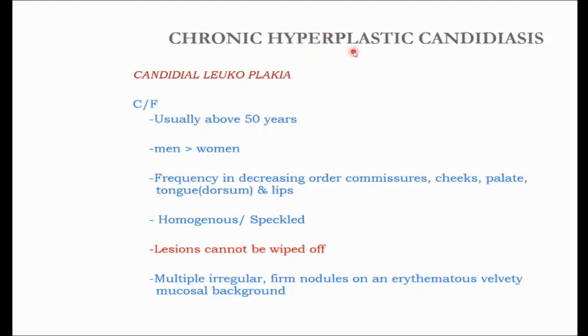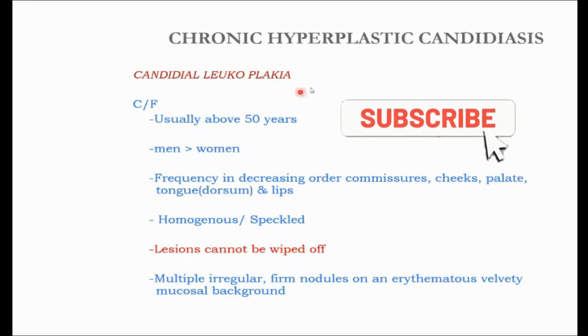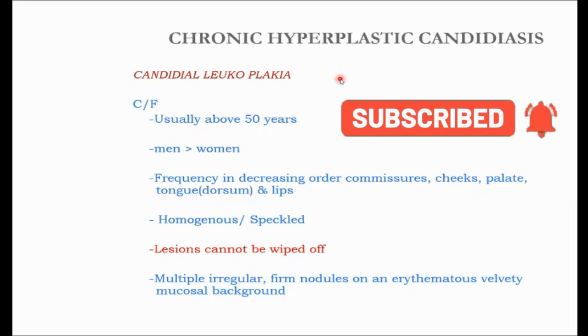The second is the chronic type. Again, there are two different categories under it: hyperplastic candidiasis and chronic erythematous, or the atrophic candidiasis. So chronic hyperplastic candidiasis, the other name, very important, I want you to remember, is Candida leukoplakia. This is the type which is associated with AIDS, so it becomes very important.